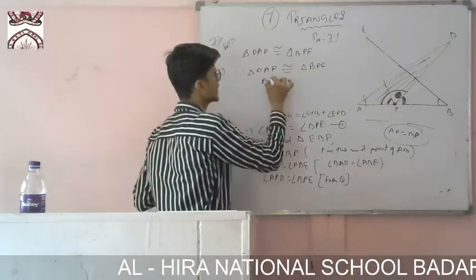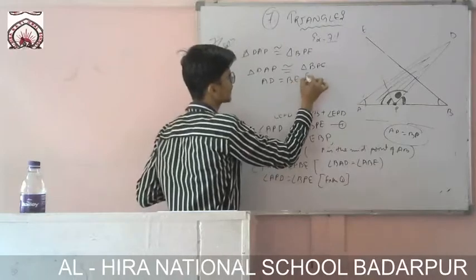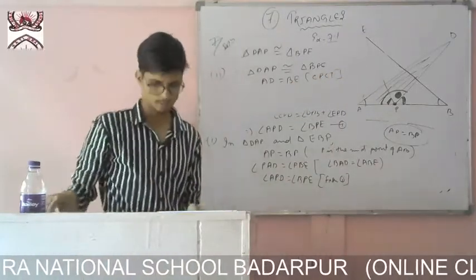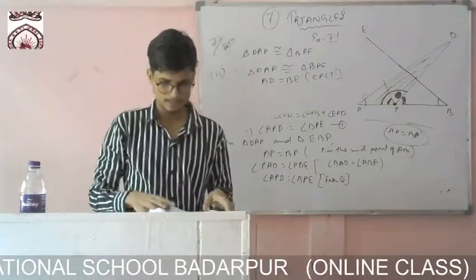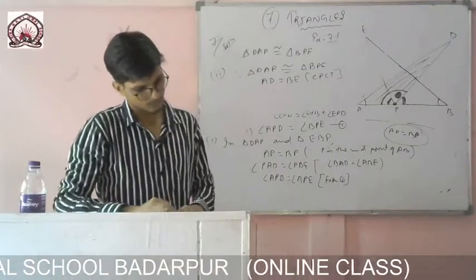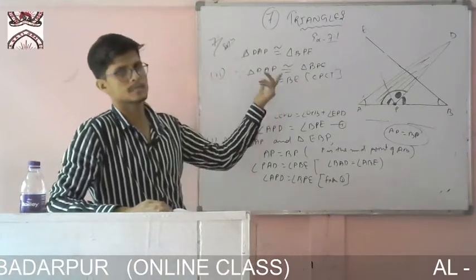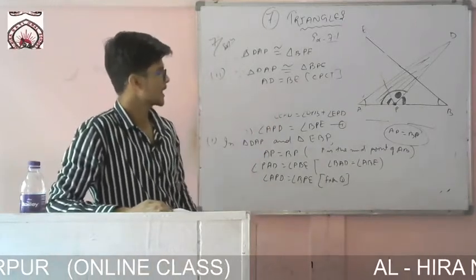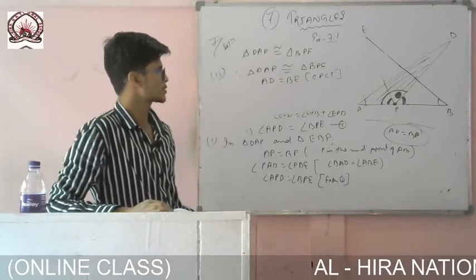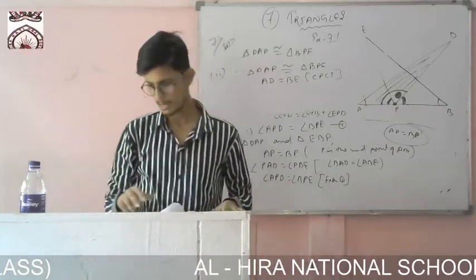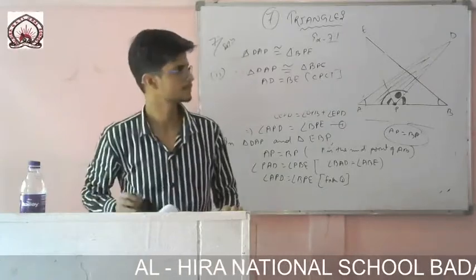So I can write AD is equal to BE and the reason will be CPCT. Okay, so very easy thing. First of all I have proved, and the second part anyone can prove very easily. If these two triangles are equal, then AD will be equal to BE. There is no doubt in that. So now the last question of this exercise.